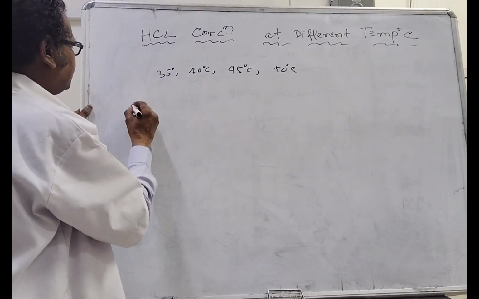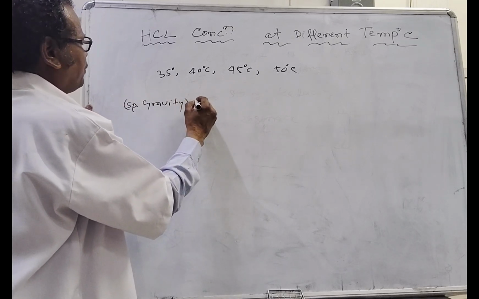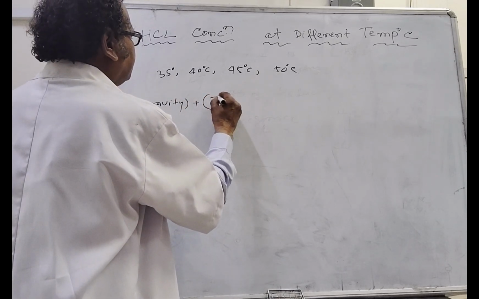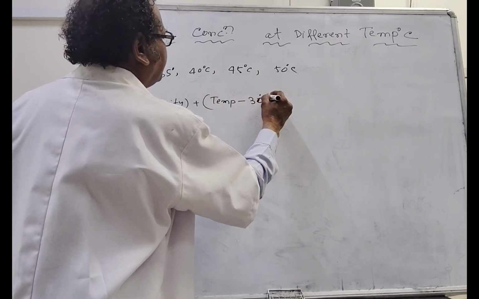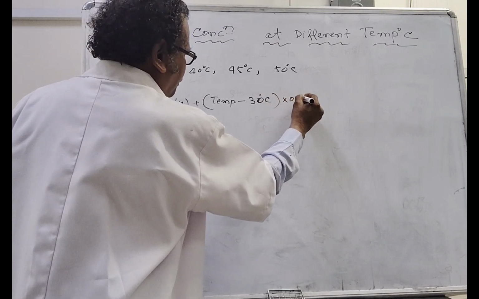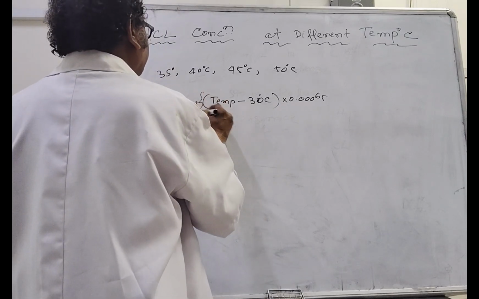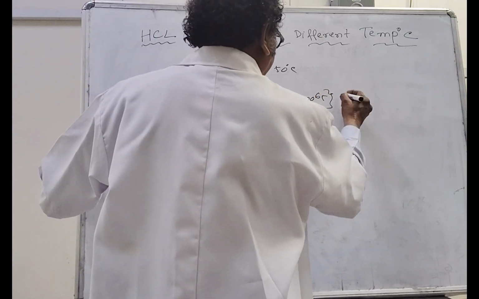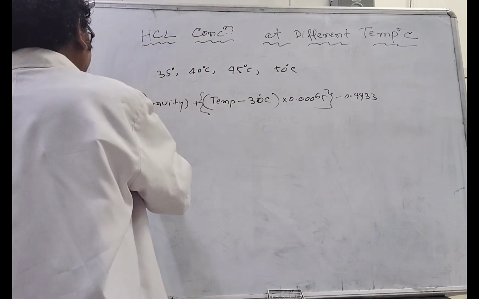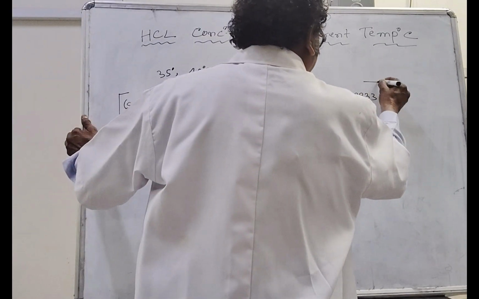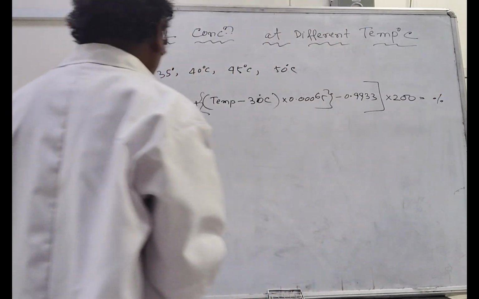Now this formula is: specific gravity plus the temperature of the HCl minus 30 degree into 0.00065, minus 0.9933, into 200, equals percentage.